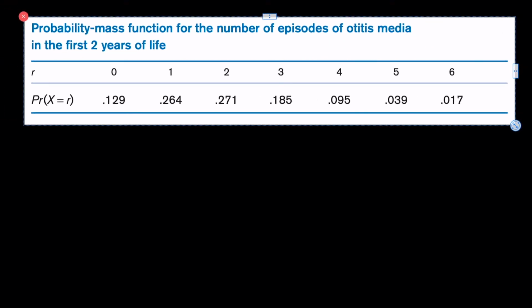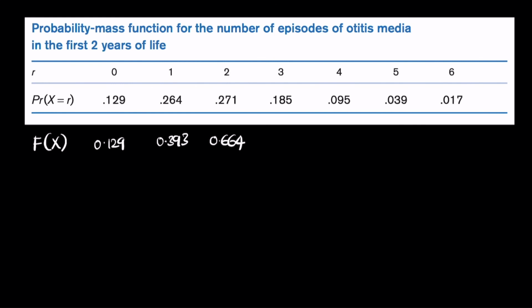Let me write the CDF values, F of X. The values are 0.129, 0.393, 0.664, 0.849, 0.944, 0.983 and 1.0. These are the functional values.